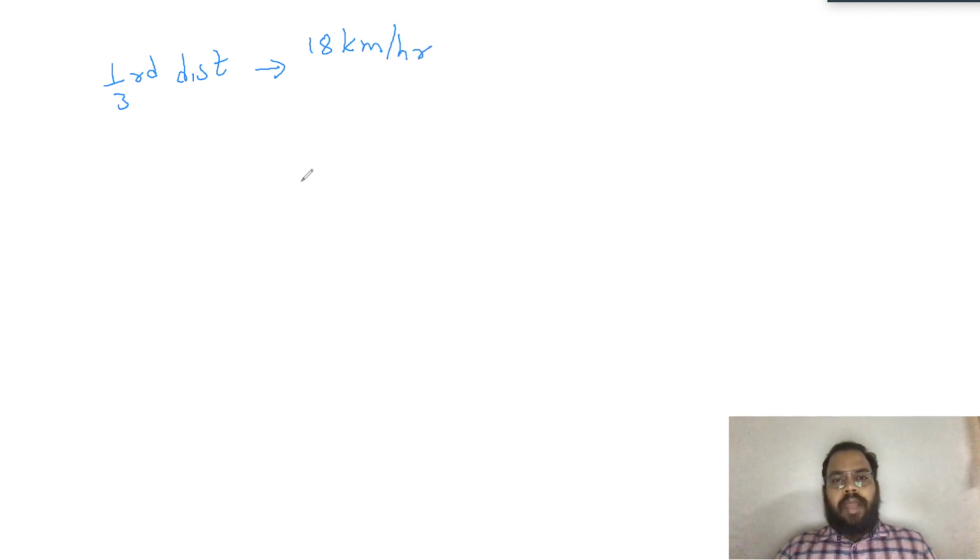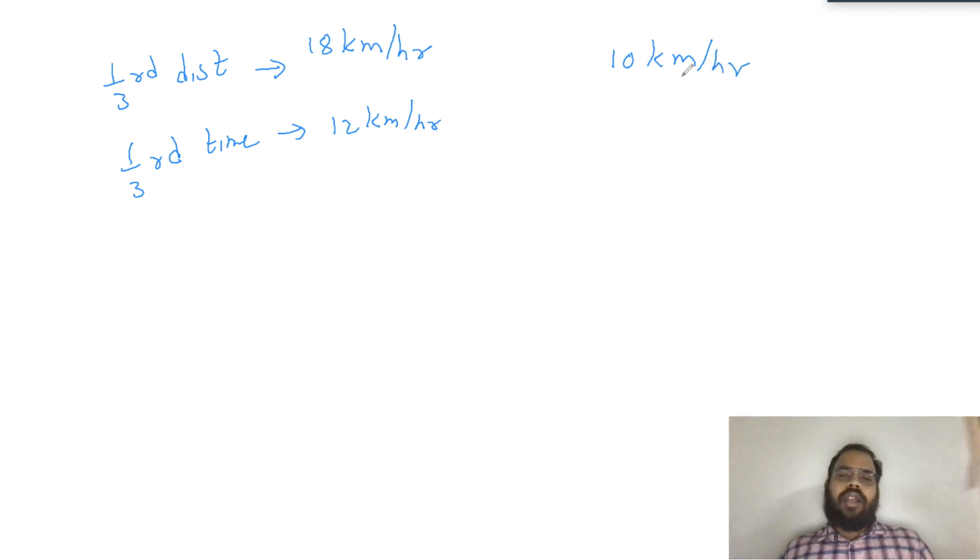Then in the remaining time, after traveling 1/3 distance, it travels 1/3 time with 12 kilometers per hour, and finally completes the journey with velocity 10 km per hour. You have to find average speed.